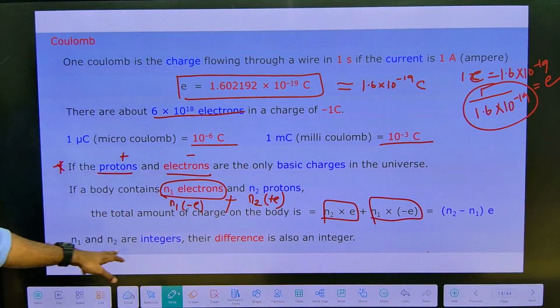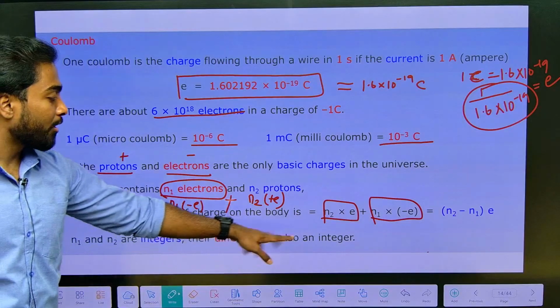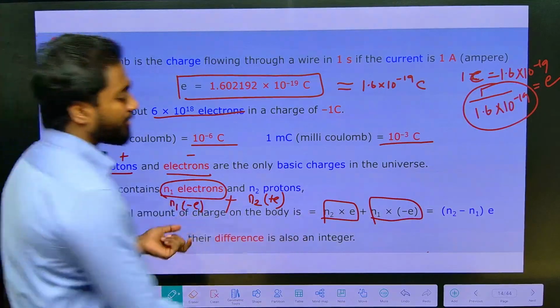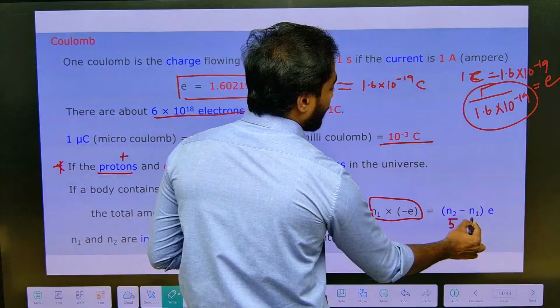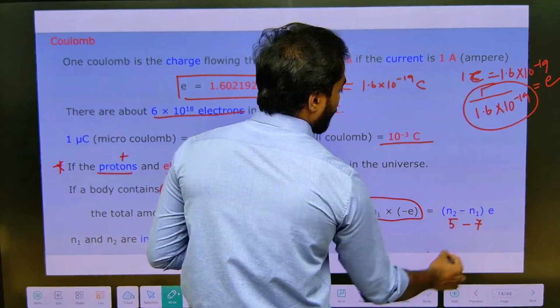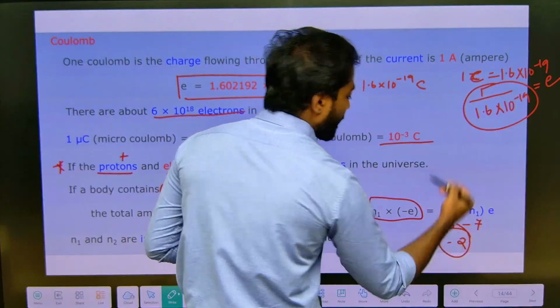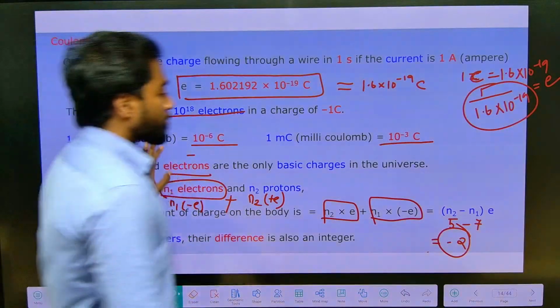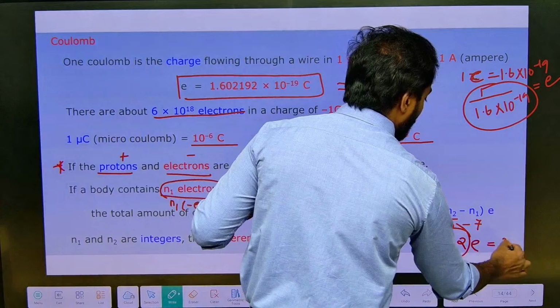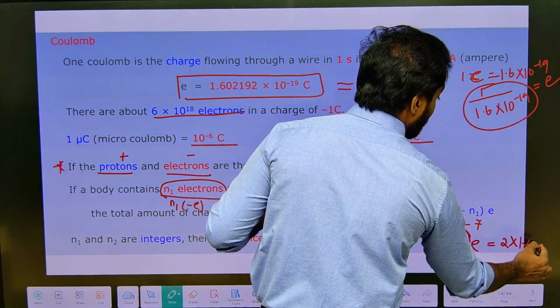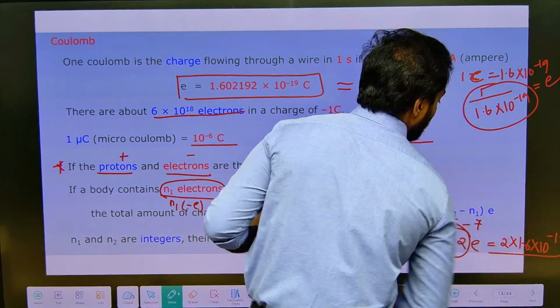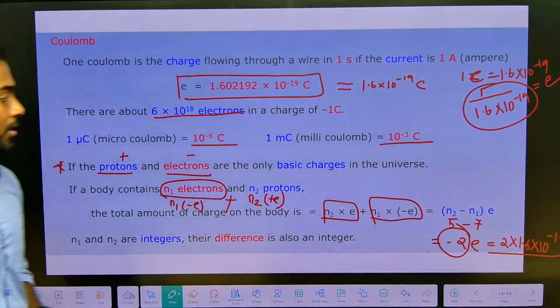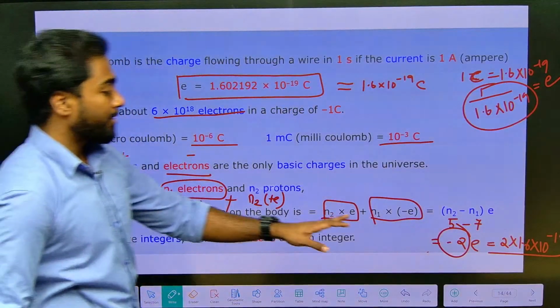N1 and N2 are integers, so their difference is also an integer. For example, if this is 5 and this is 7, I will get minus 2. So minus 2 is an integer. So minus 2e, which is 2 times minus 1.6 into 10 power minus 19, that is the value.